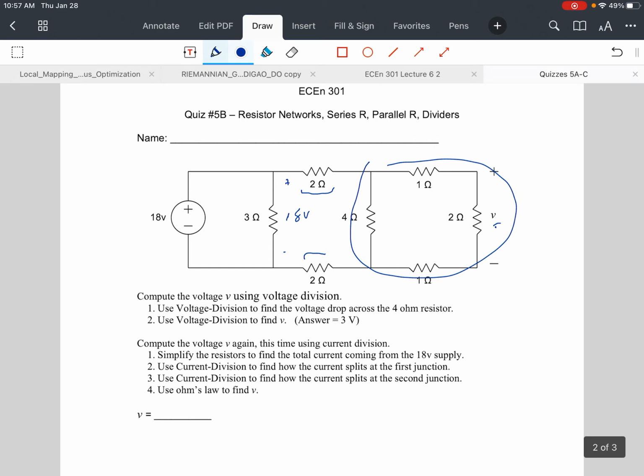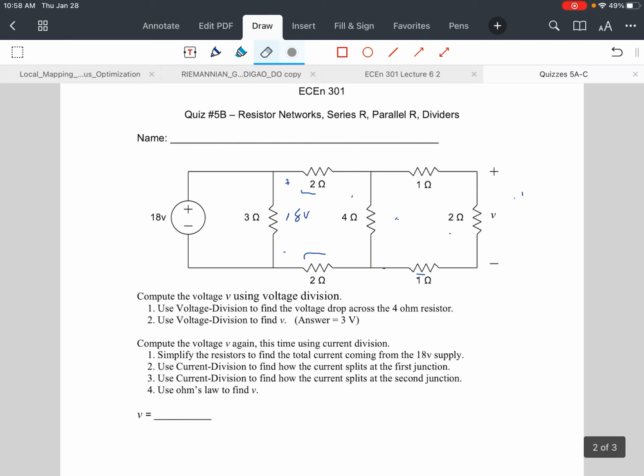That would give us VA. Once we find VA, we can use voltage division for the 2 ohm resistance to find V. So the basic strategy is to find the equivalent resistance here, find VA, and then do voltage division to find V.